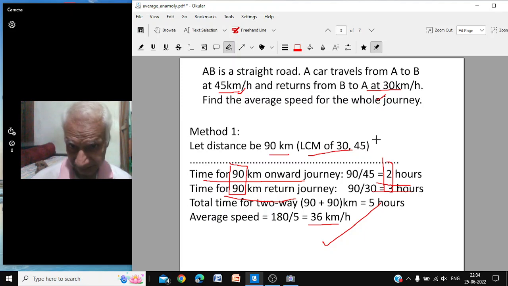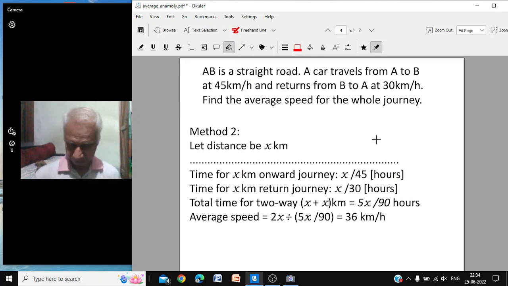But there are other methods. Method 2. Let the distance be x kilometer. We are not taking the LCM, but we are taking it to be x. So the x kilometer onward journey at 45 kilometer per hour would take x by 45 hours. And the time for the x kilometer return journey at 30 kilometer per hour would be x by 30 hours.